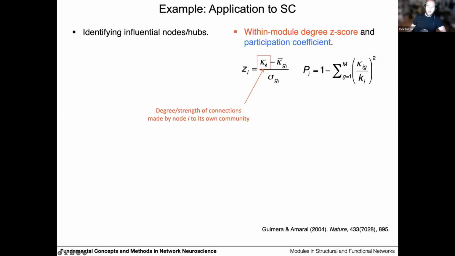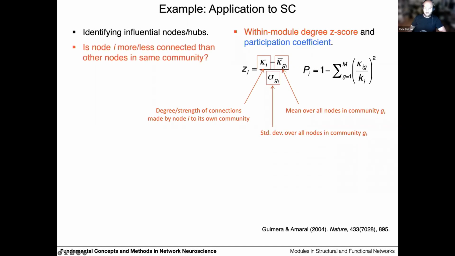Here, kappa i corresponds to the degree or strength of connections a node makes to its own community, and kappa i hat is the mean within module degree of all nodes in the same community. Below that is the standard deviation. So essentially we're calculating a z-score that tells us, relative to the other nodes in the same community, how much better connected node i is.